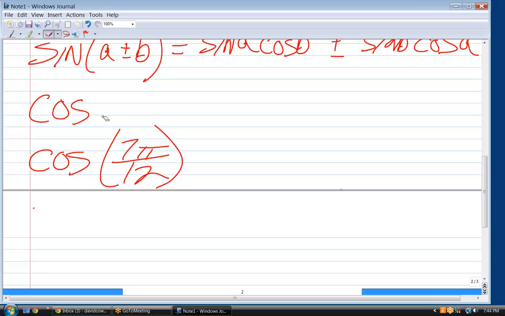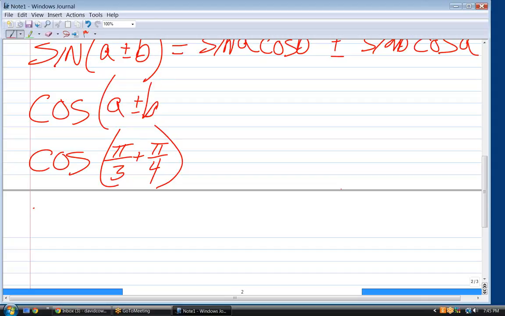Well, again, since we just figured that that was pi over 3 plus pi over 4, and the standard cosine A plus or minus B, what is it again? Just remember it's cosine, cosine, sine, sine.